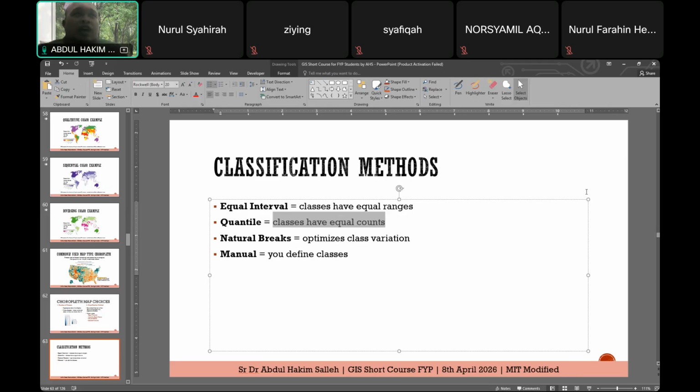Let's say those who have 1 ringgit notes is 35. 35 of them have 1 ringgit notes, and then 15 of them have 5 ringgit notes, and then 30 of them have 10 ringgit notes. So it is based on the equal counts of a certain criteria, as I mentioned just now, the ringgit notes. So that is by quantile.